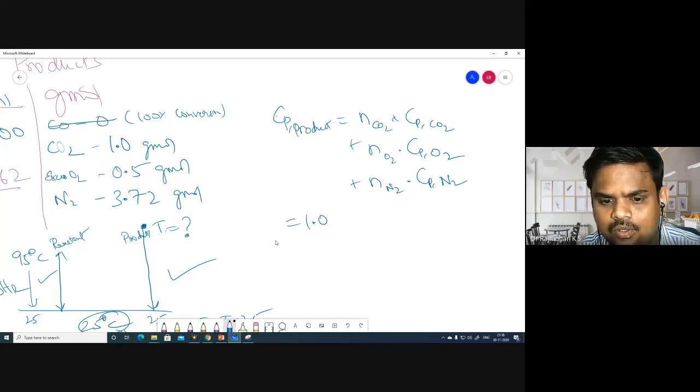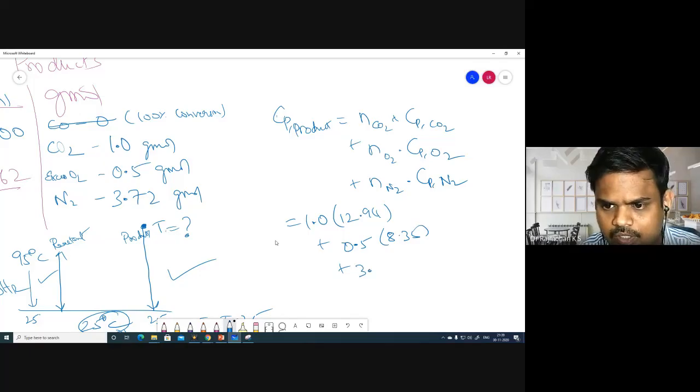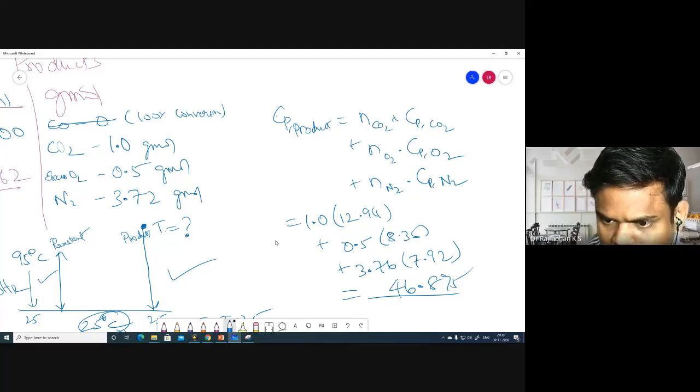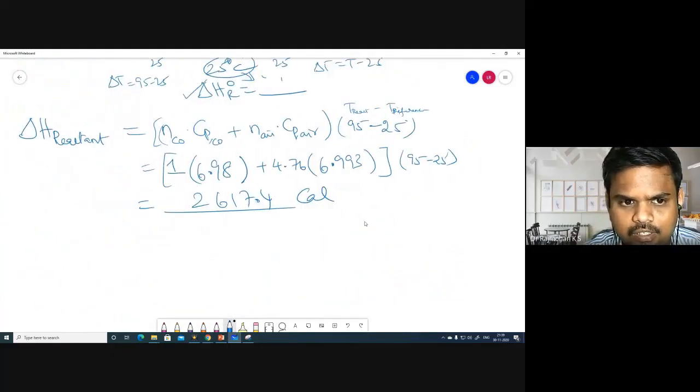So that is 1 into 12.94 plus 0.5 into 8.35 plus 3.76 into 7.92. This gives Cp of the product as 46.895.